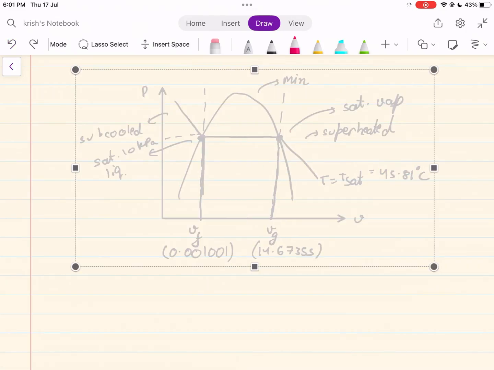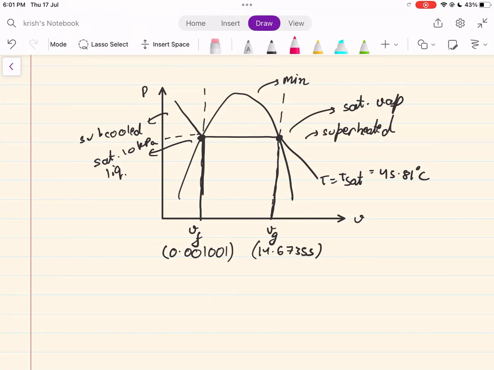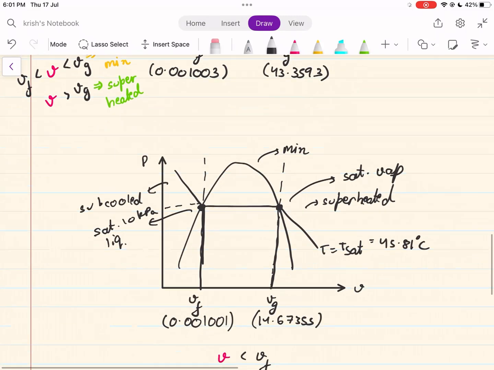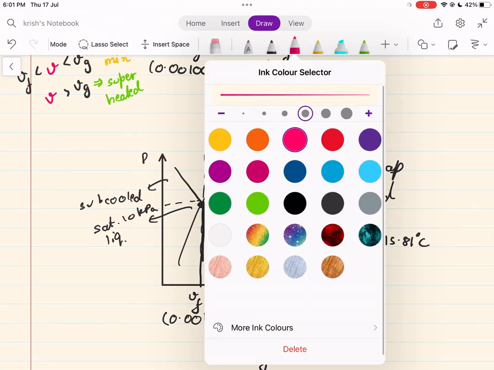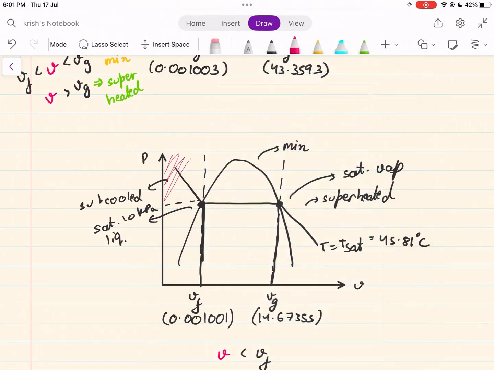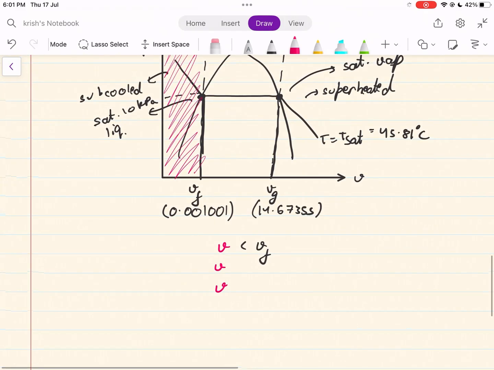If our V is less than Vf, that means it must be lying in this region. And as we know, this region is a subcooled region.